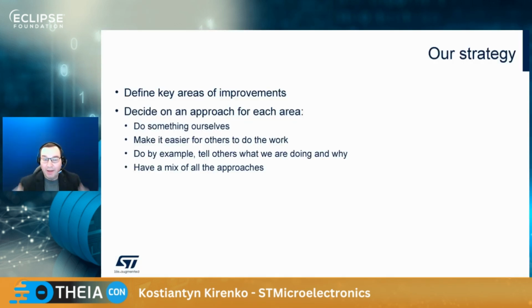How? We need to define key areas of improvement, and then decide: do it ourselves, or facilitate others, make it easier to do something, and then they'll continue, or give an example, start, and then everybody will follow, or do some mix and match of these approaches.